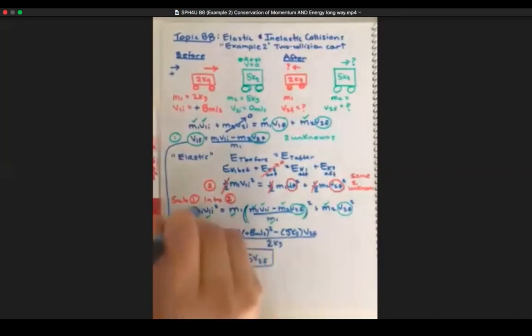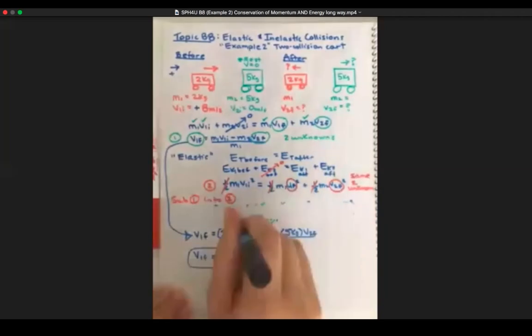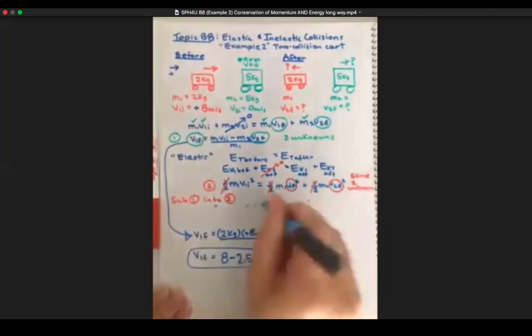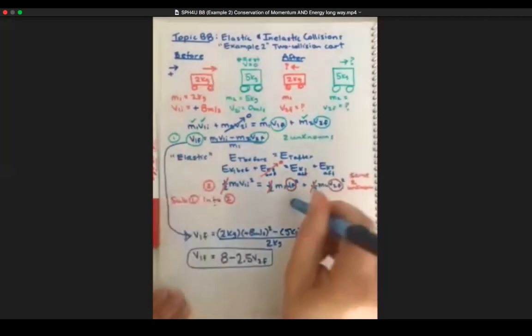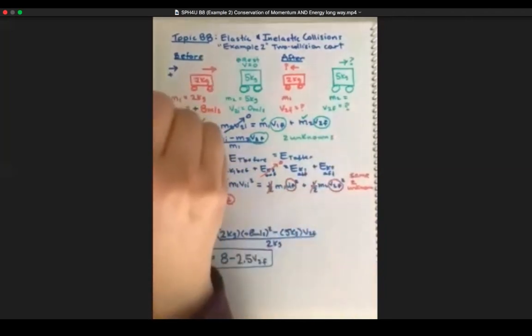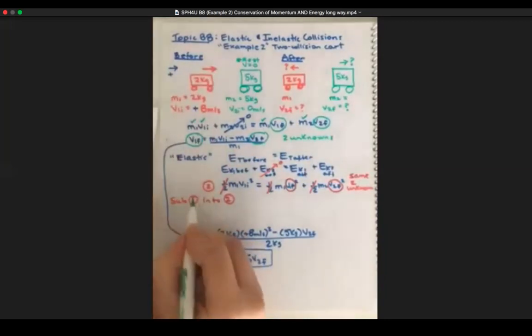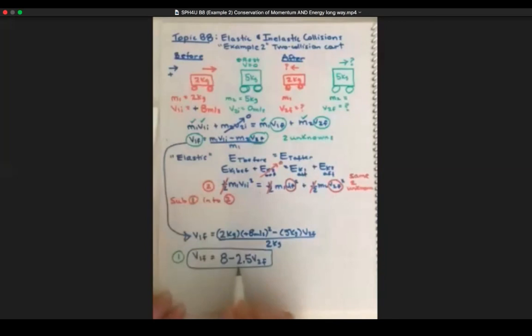So instead of this messy equation with a lot of variables, I'm going to allow you to substitute the numbers into equation 1. And I am going to sub 1 into 2, but I'm going to use equation 1 with the numbers substituted and simplified. So now we go back to our conservation of energy statement.